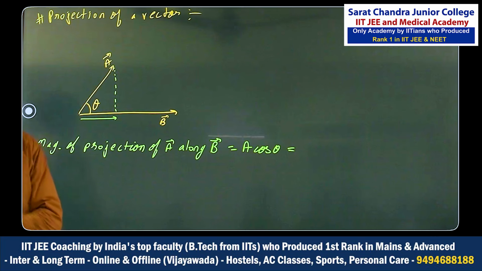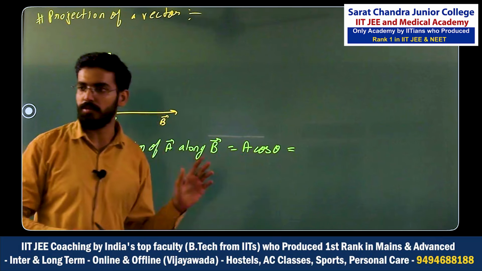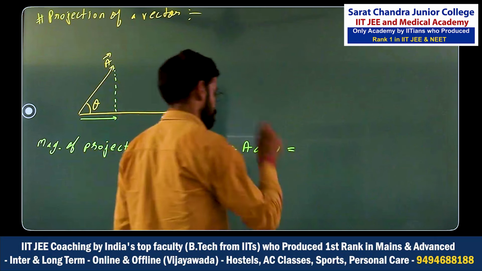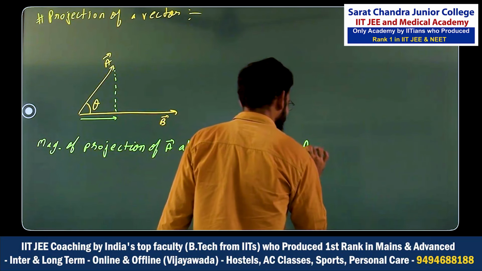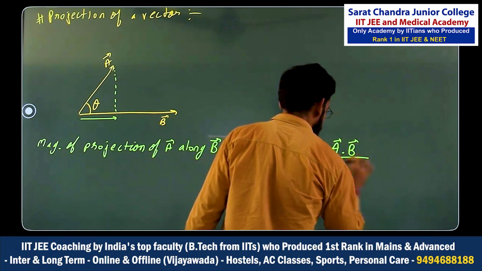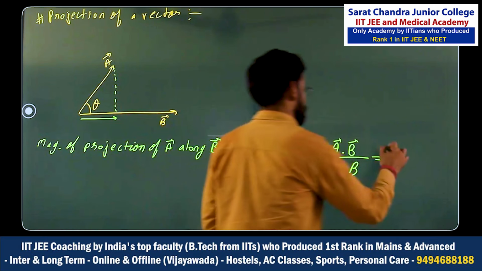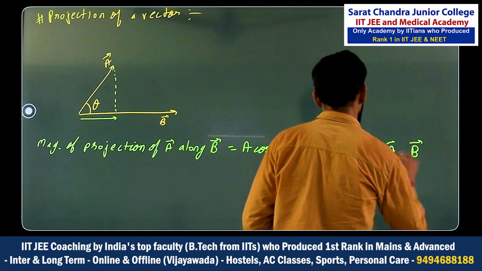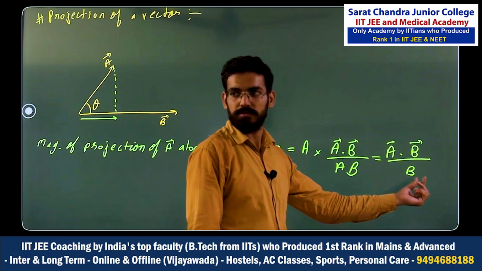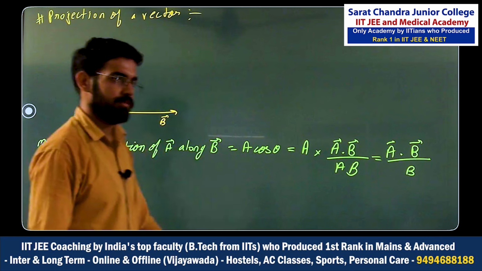A vector dot B vector divided by AB, correct? So we have to understand; no need to remember the formula. So A cos theta is A vector dot B vector divided by AB. A got eliminated. Answer came: A vector dot B vector by B. This can be written as A vector dot B cap also, if you want to. No need to write it down; we'll leave it here only.